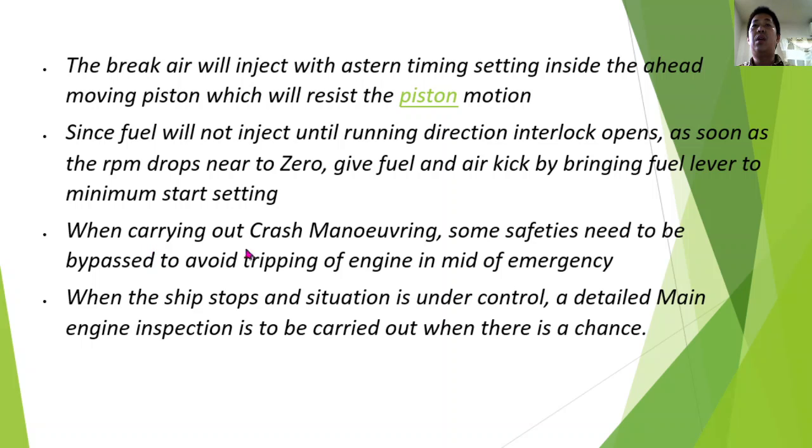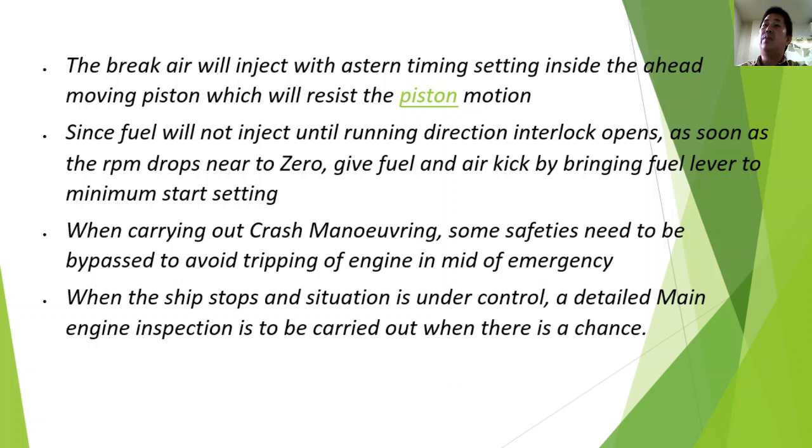So when carrying out crash maneuvering, some safeties need to be bypassed to avoid tripping of the engine in the middle of an emergency. When the ship stops and the situation is under control, a detailed main engine inspection is to be carried out when there is a chance.